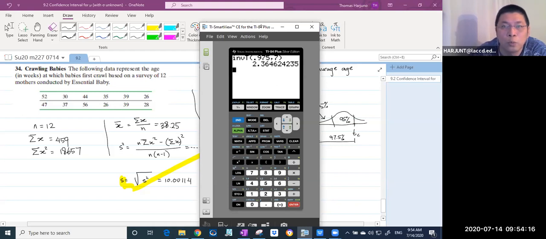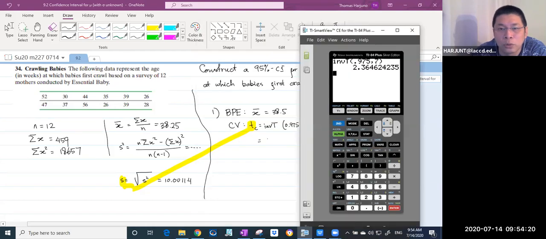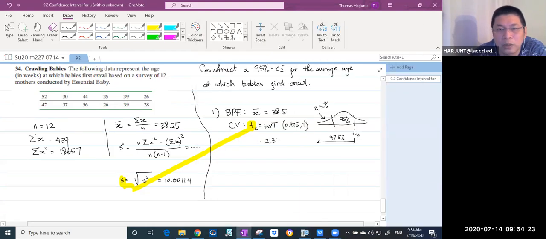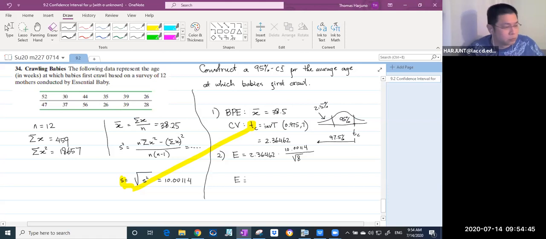I get 2.36462. And then the margin of error will be 2.36462 times 10.00114 over square root of 8. Then we use our calculator for that.